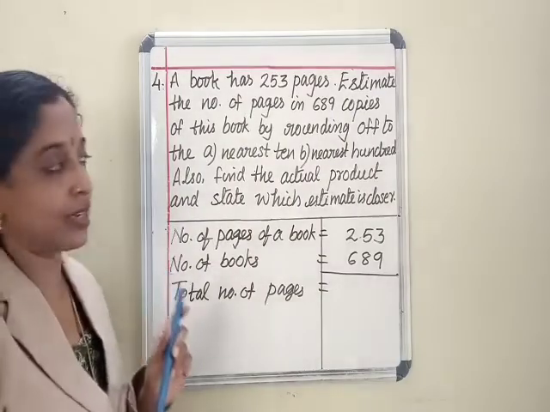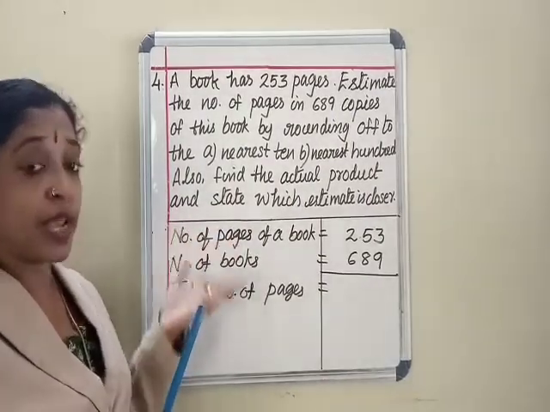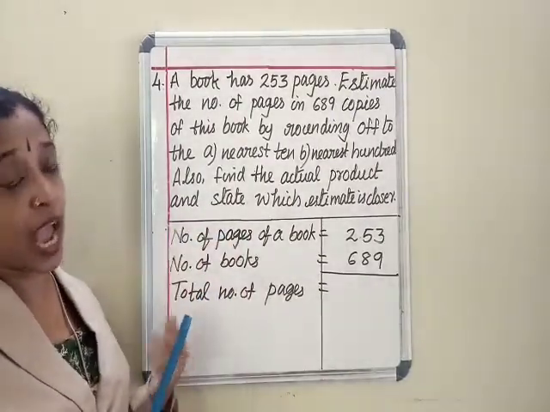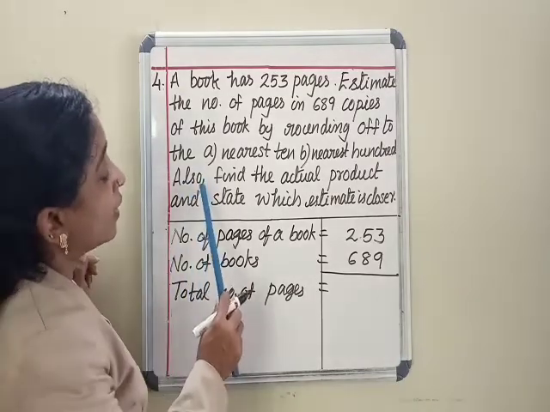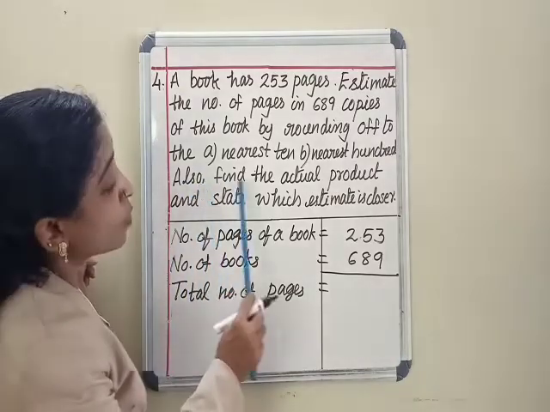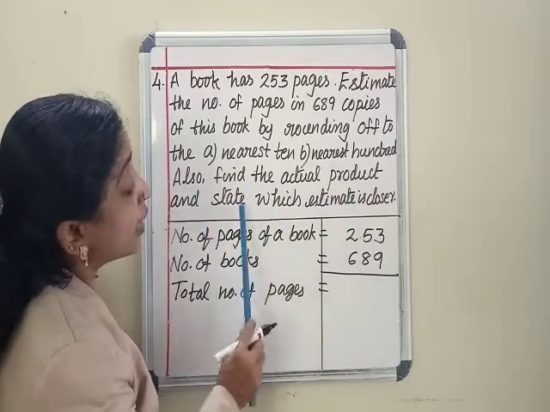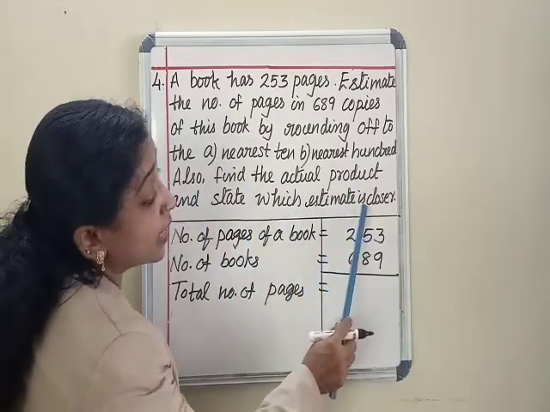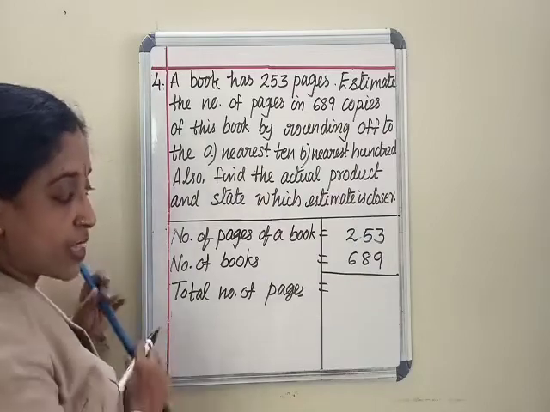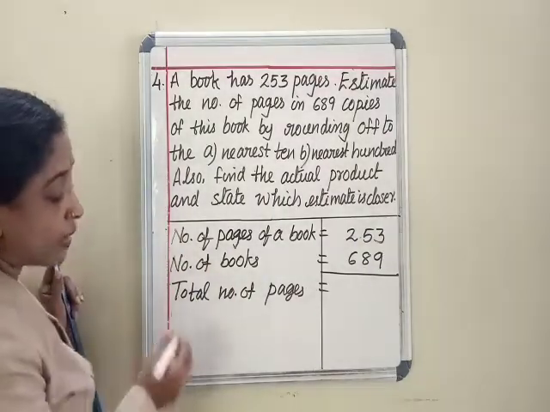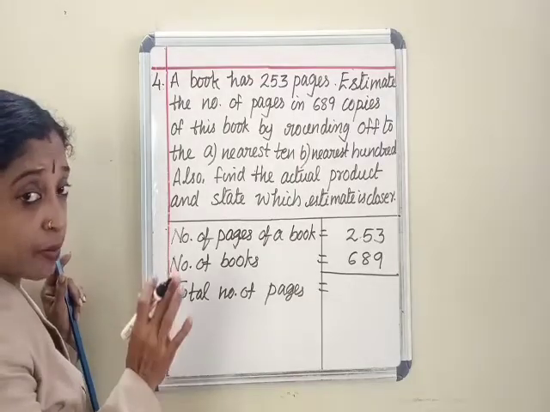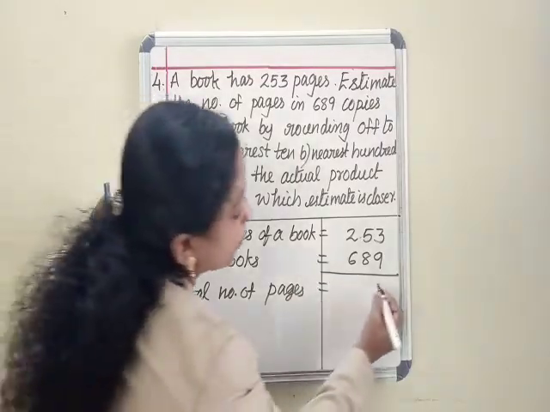Do you understand? Without estimating, we are finding the product. First we have to find the actual product, because in the question they are asking also find the actual product and state which estimate is closer. Here we have to find total number of pages. Look.